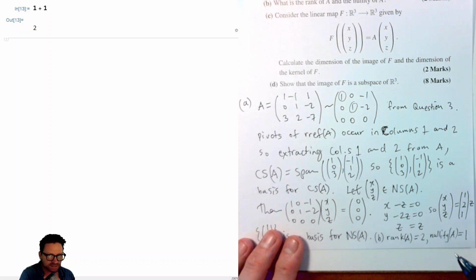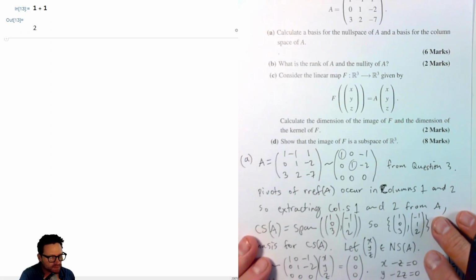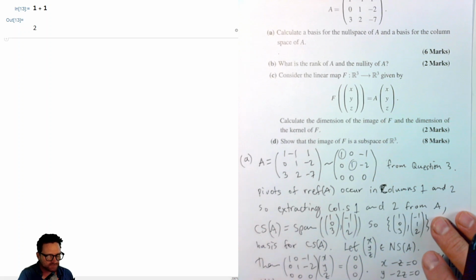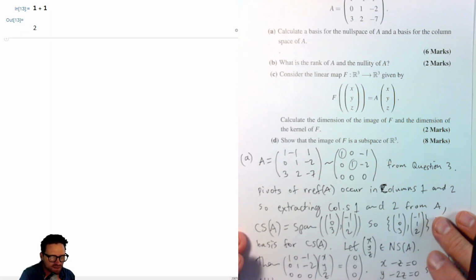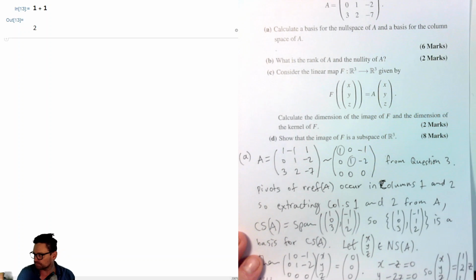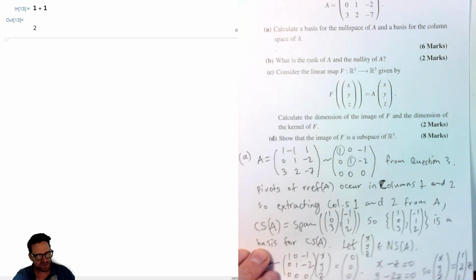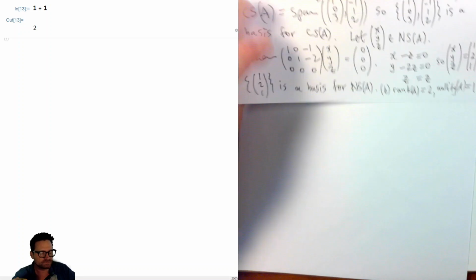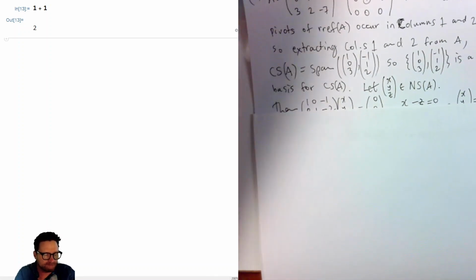All right, let's move on to question 3. Now consider the linear map, uppercase F sending R3 to R3, given by F of (x, y, z) is A times (x, y, z). Calculate the dimension of the image and the dimension of the kernel of F. Well, we already have that because the image of F is the column space of A. So let's write this down.